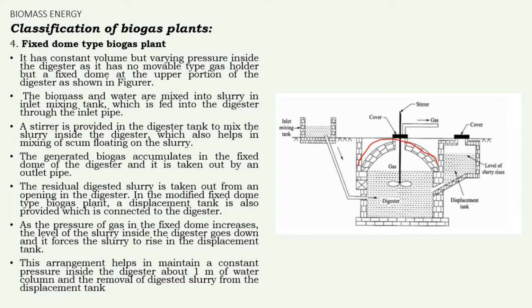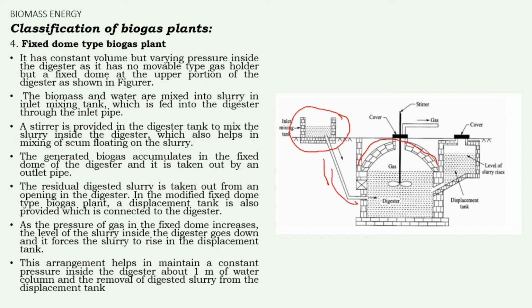The biomass and water are mixed into slurry in the inlet tank here, which is fed into the digester through the inlet pipe. So this is the inlet pipe.